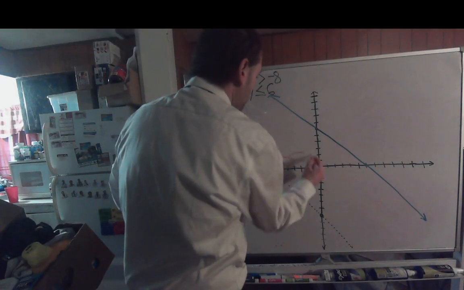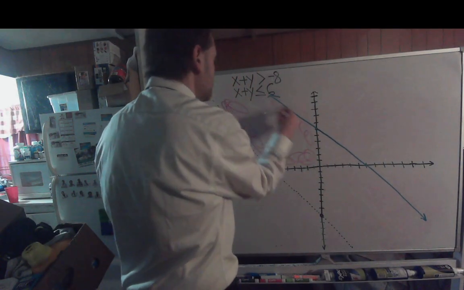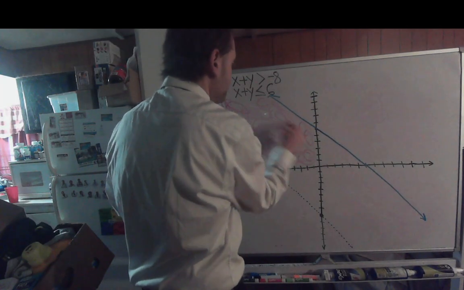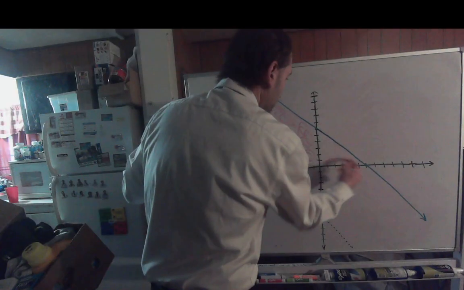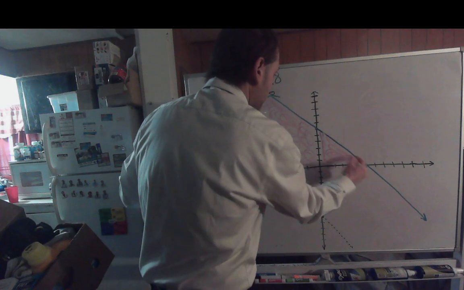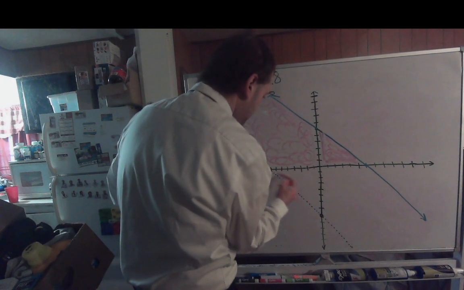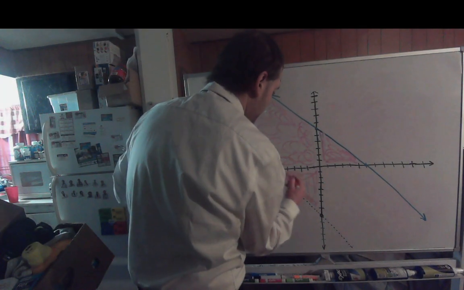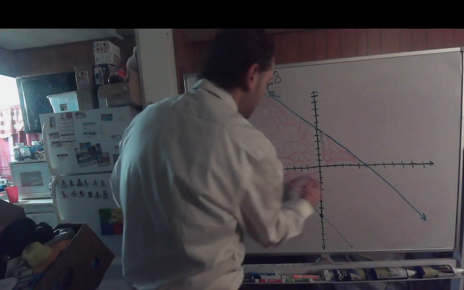That's the region that would represent the solution to this system of inequalities. Just shade a little bit that's here, I suppose. It's just a little bit over here, and then a little bit here. I try not to shade over the axis itself.